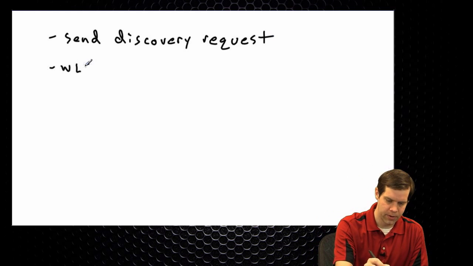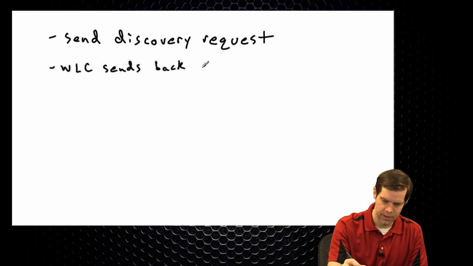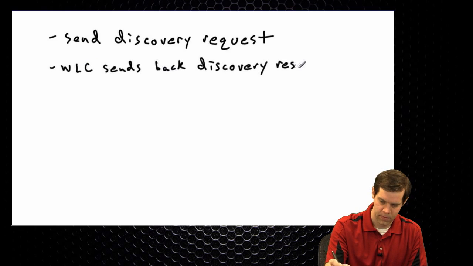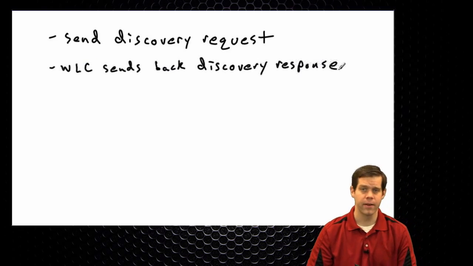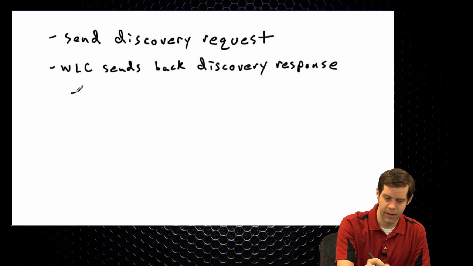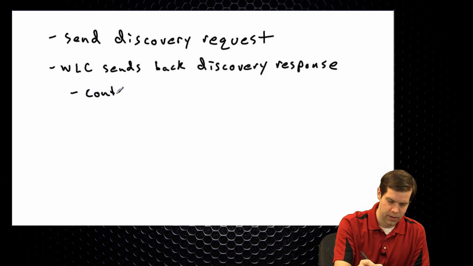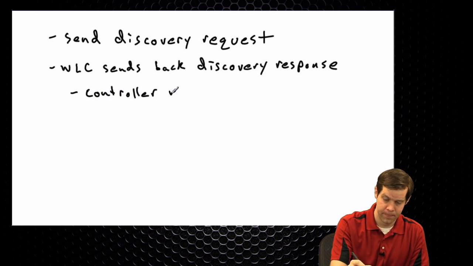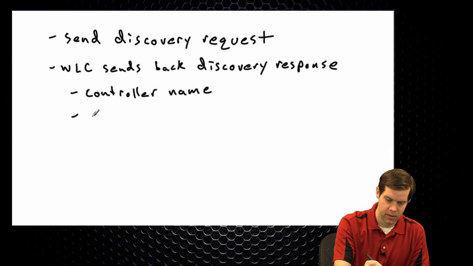So the wireless LAN controller sends back a discovery response. In that discovery response, we're going to have a number of pieces of information that this access point is going to use to figure out, who should I be joining up to. So some of that information included in the discovery response from the controller. It's going to have the controller's name, controller type or model.